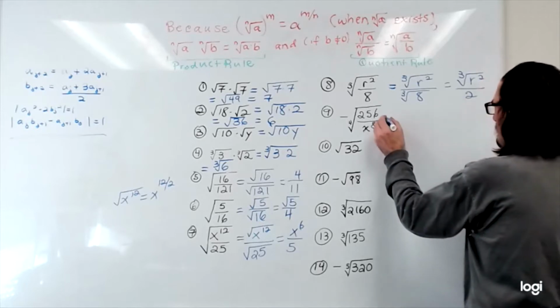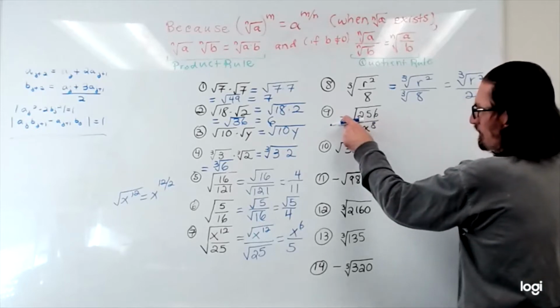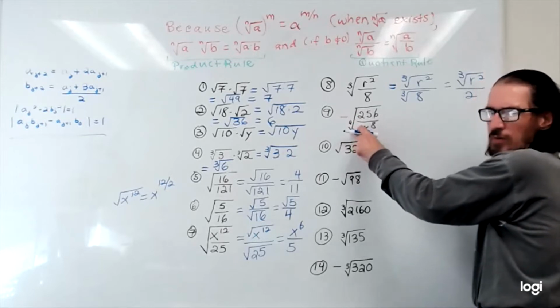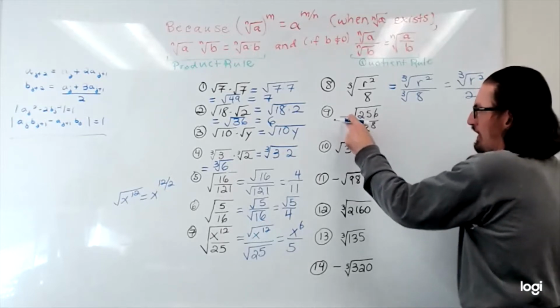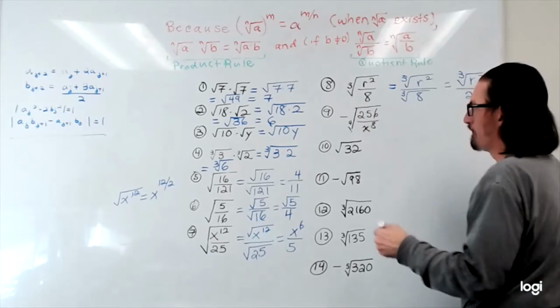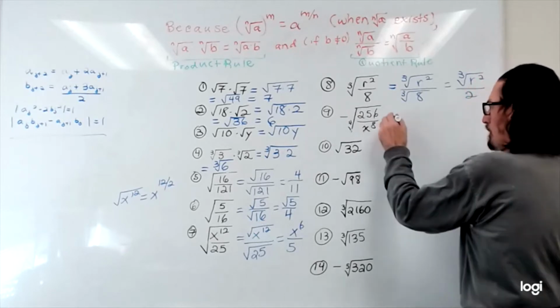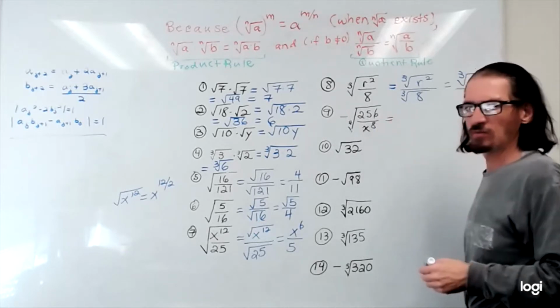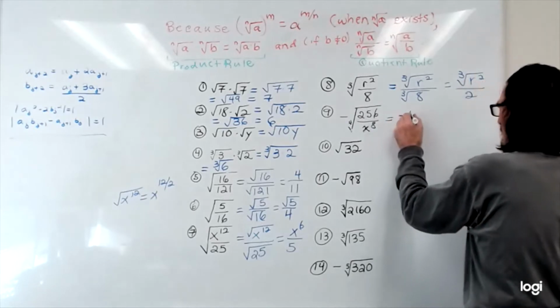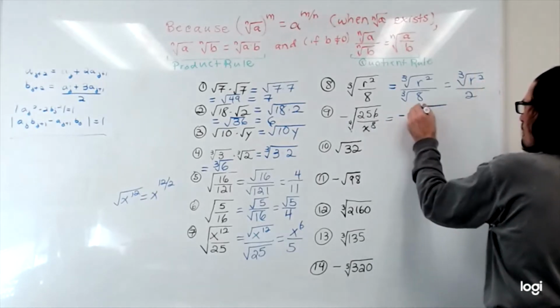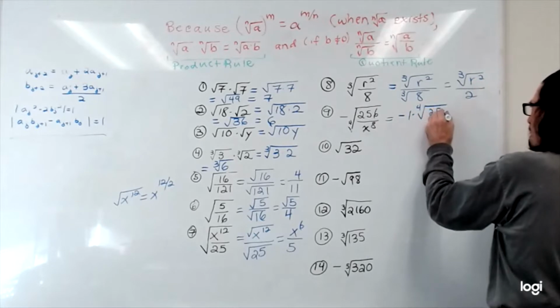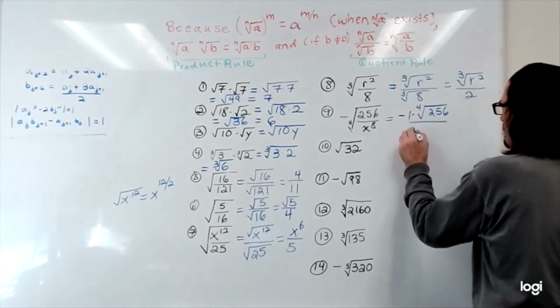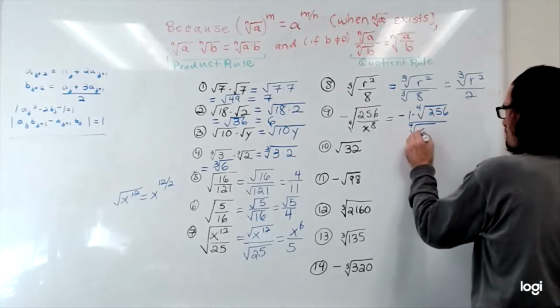Okay, let's see here. That negative, although we have a fourth root, an even index, that negative is outside. So we can simplify this. It's a -1 times the fourth root of 256 over the fourth root of x to the 8th.